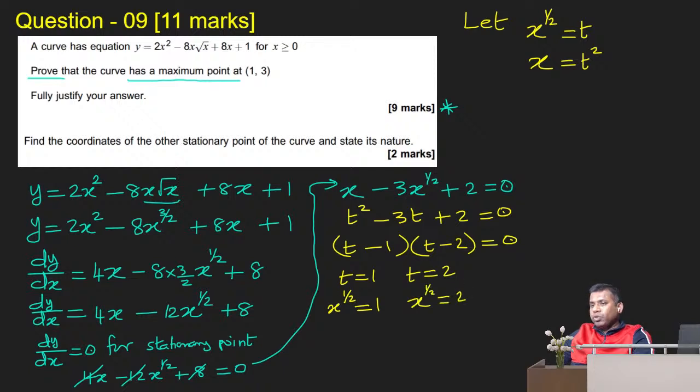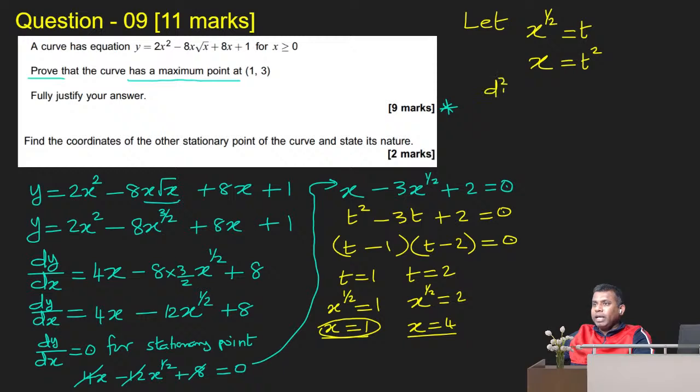If I square both sides, x equals 1, x equals 4. So this is the answer for x. And we have proved x equals 1 is one of the points.